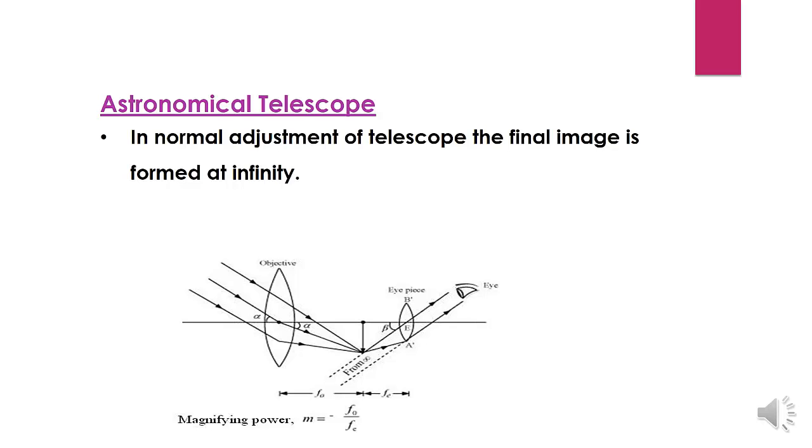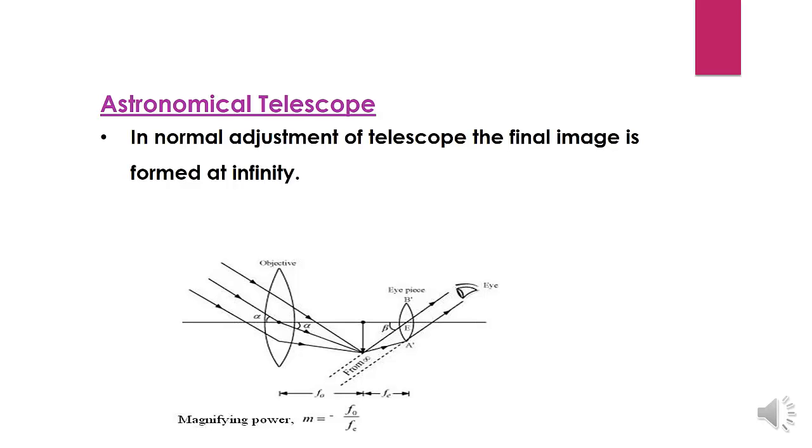So here magnifying power M equals Fo by Fe. That is the formula. So in normal adjustment of the telescope, the distance between the objective lens and eye lens will be Fo plus Fe.